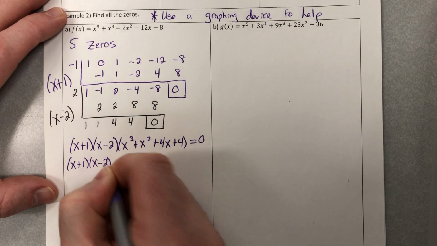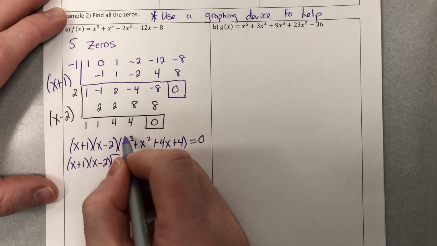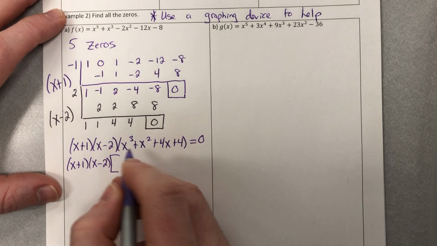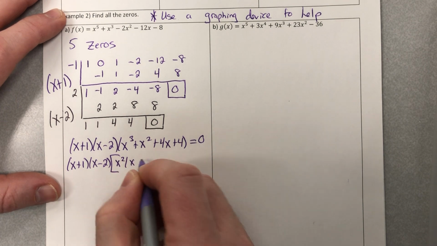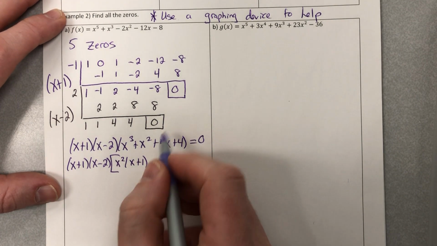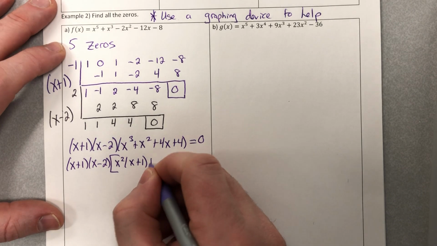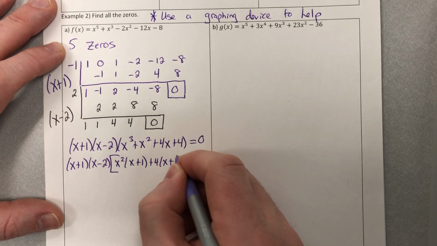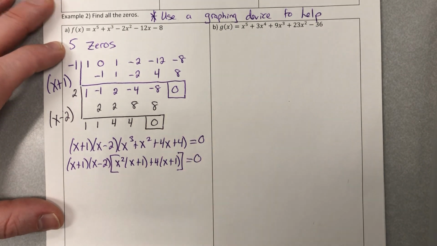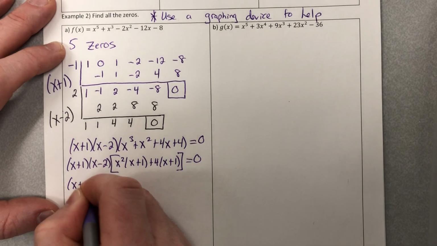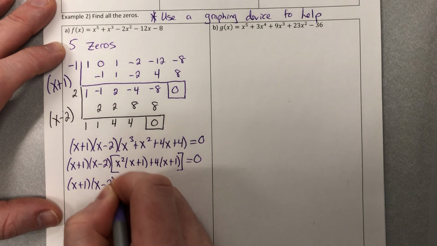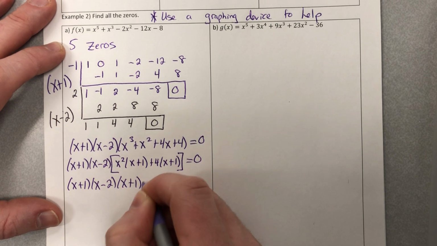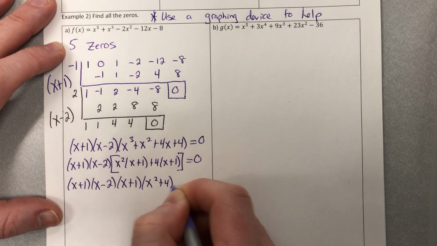When I factor that by grouping, I would take an x squared out of the first pair, and that would leave us with x plus 1. I would take a 4 out of the second pair, and that would leave us also with an x plus 1. So this would leave me with x plus 1 times x squared plus 4.